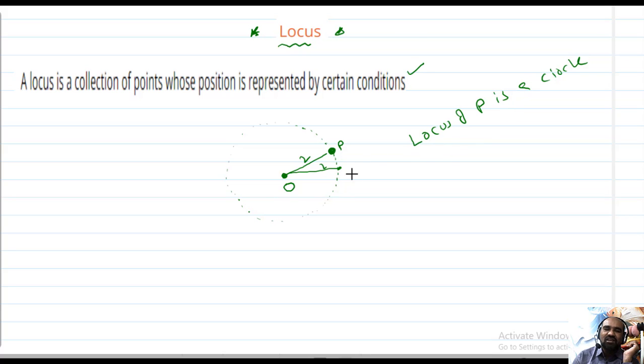The locus of P is a circle, or in other words, the locus of a point which is equidistant from a fixed point is a circle.